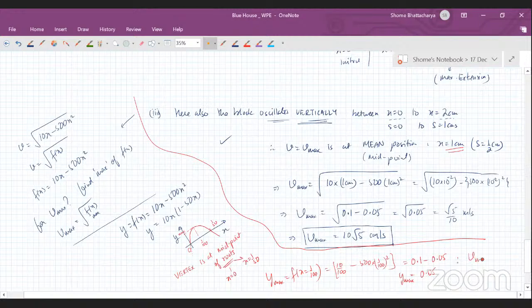Therefore v maximum is square root of that function's maximum. So v maximum is square root of 5 by 100 in meters per second. So that's the same thing we got here. So this is the maxima minima method.